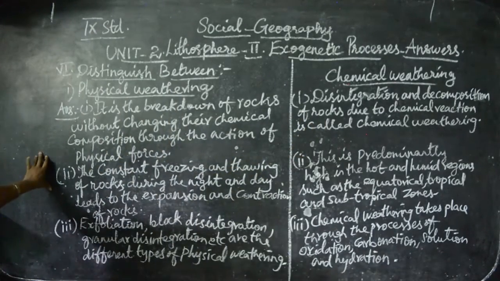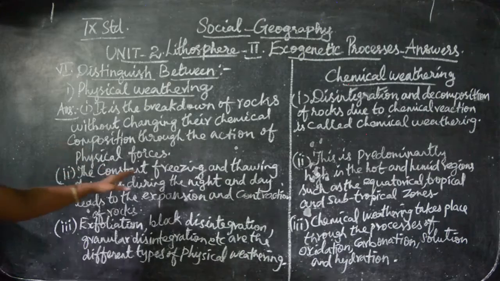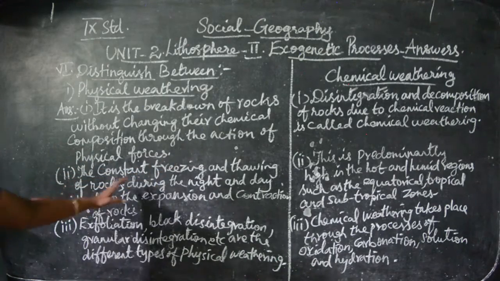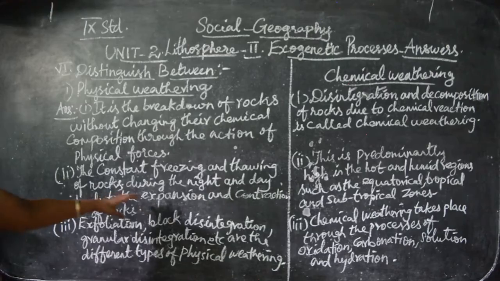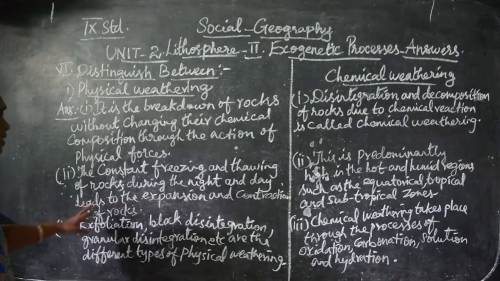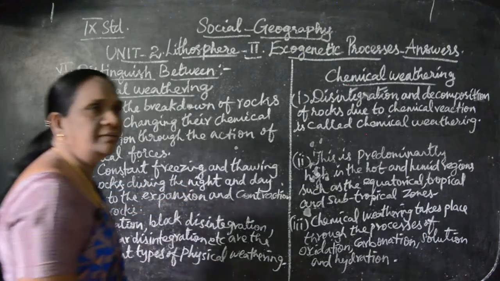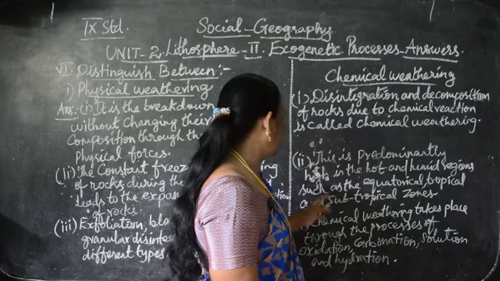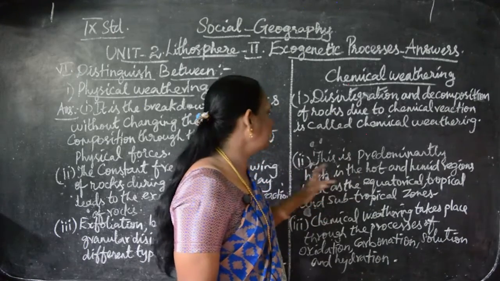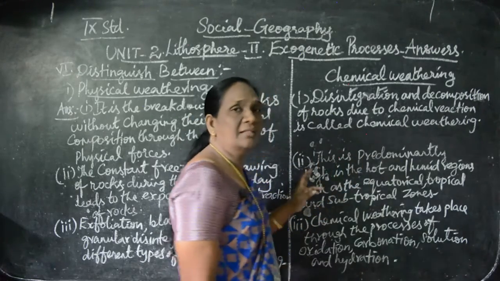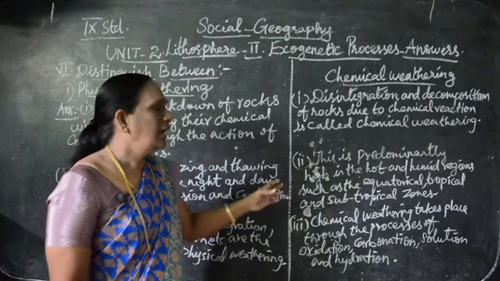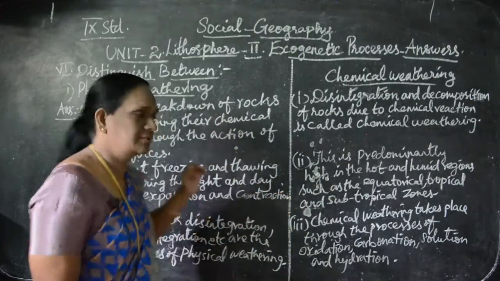Second point: the constant freezing and thawing of rocks during night and day leads to the expansion and contraction of rocks. And in chemical weathering, this is predominantly high in the hot and humid regions such as the equatorial, tropical and subtropical zones.